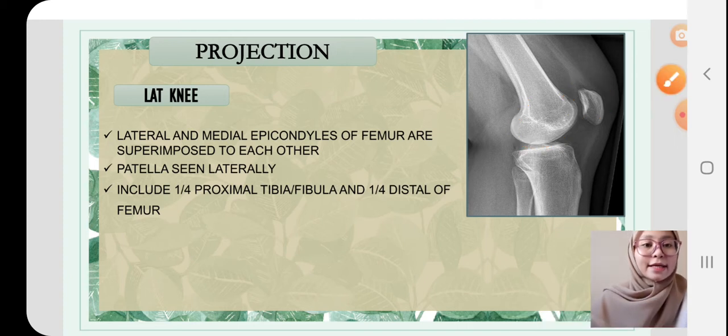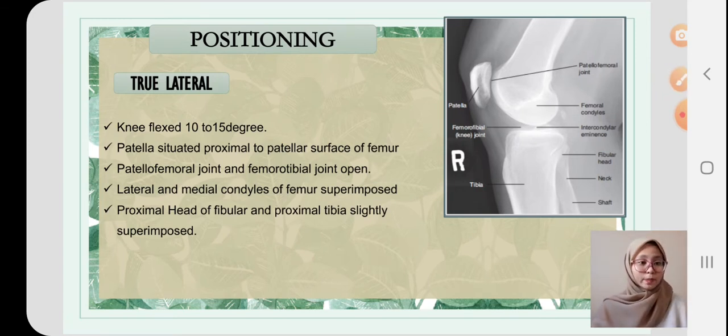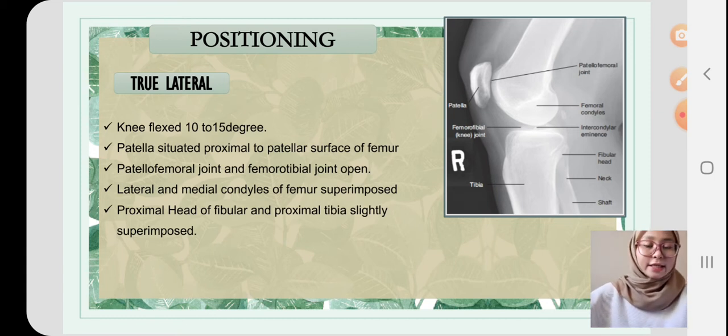Okay. Next is positioning. This is for true lateral positioning. First, the knee must be flexed at 10 to 15 degrees, and the patella situated proximal to the patellar surface of the femur, just like just now. The patellofemoral joint and femorotibial joint are open.